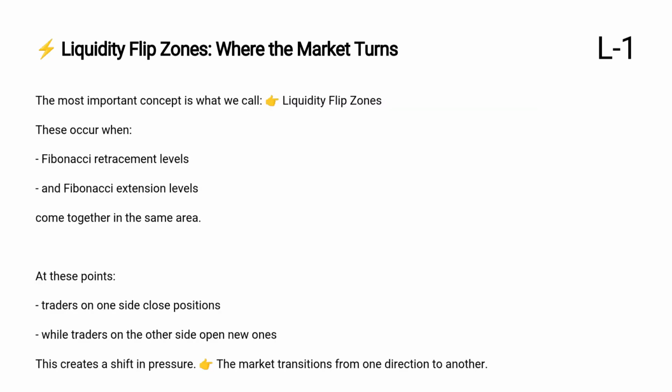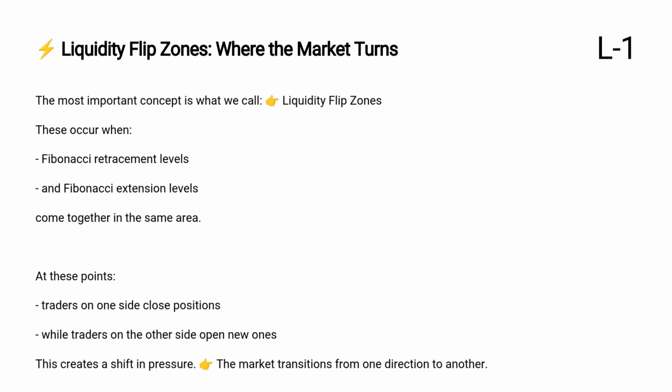Now let's talk about the core engine of our strategy: liquidity flip zones. This is where the magic happens and where the market actually transitions or turns. A liquidity flip zone occurs when Fibonacci retracement levels and Fibonacci extension levels collide and cluster together in the exact same price area.